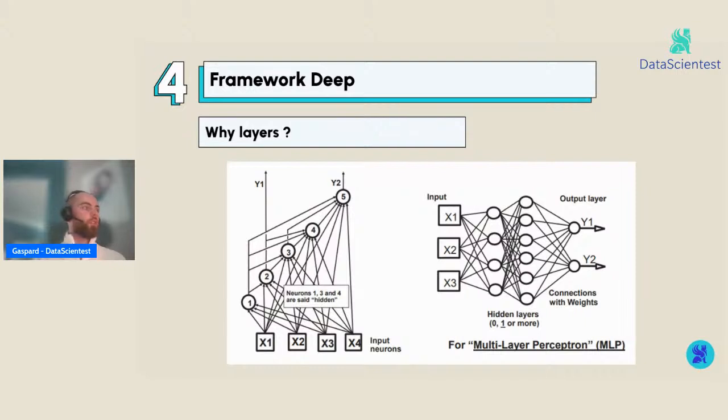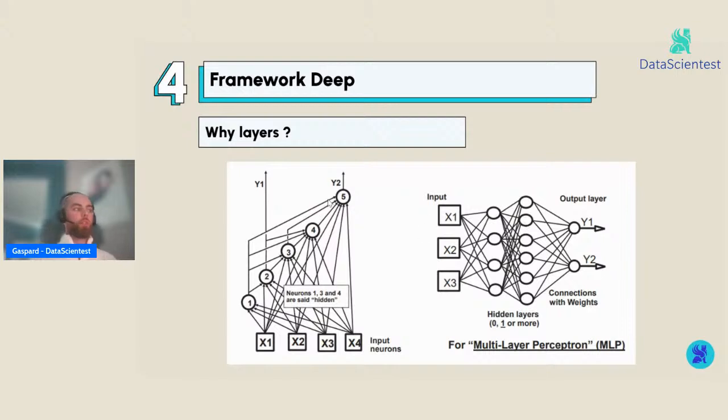Just a quick word about the way the networks are built and why they are built like this, because it's not the only way. As I showed in the past few slides, this architecture on the right is the multi-layer perceptron, also called the dense neural network. It's not the only representation.